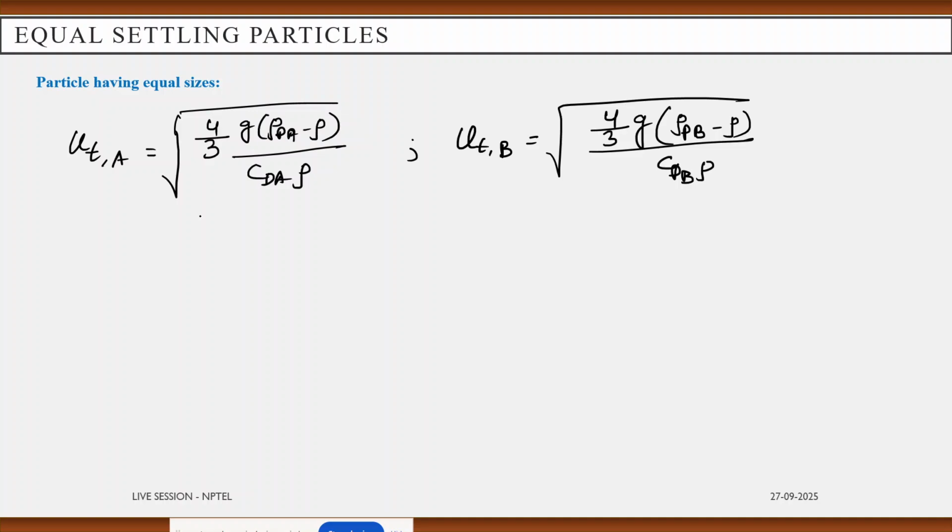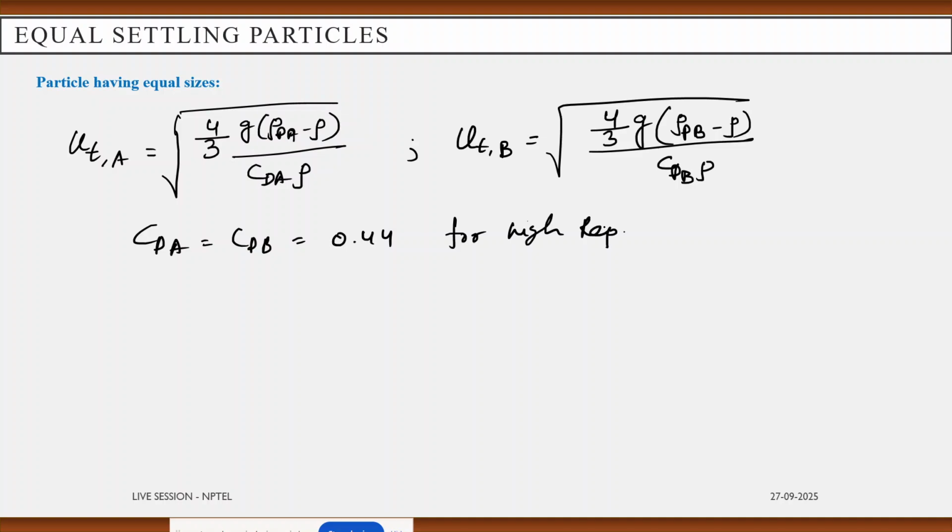So for equal sizes at high Reynolds number, these two become equal. CDA equals CDB equals 0.44 for high Reynolds number. So these two get cancelled and the particle sizes are getting equal.